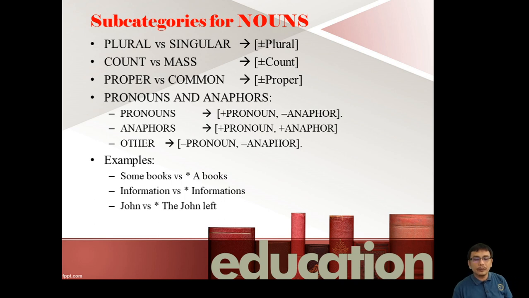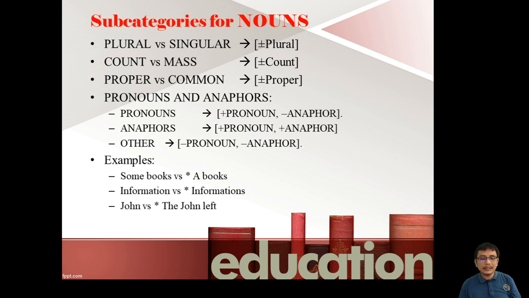For example, we can divide nouns into plural or singular in terms of the inflection that they can have, and then countable versus uncountable or mass nouns, proper nouns versus common nouns, and we can even further divide them into pronouns or anaphors.